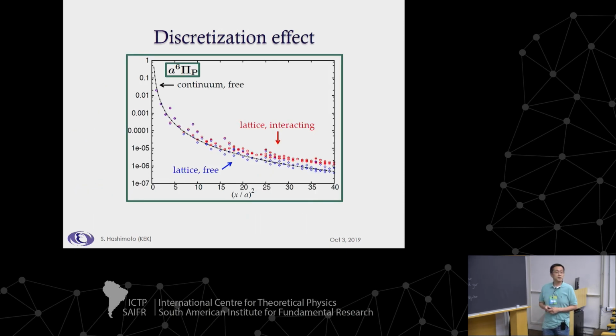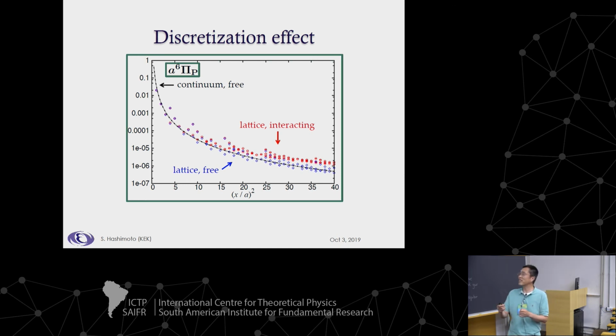So this is the first look at the lattice data for the pseudo-scalar current correlator. Obviously, there are scatters of points, and by the way, those red points are the lattice results while the blue points are just the free correlator.